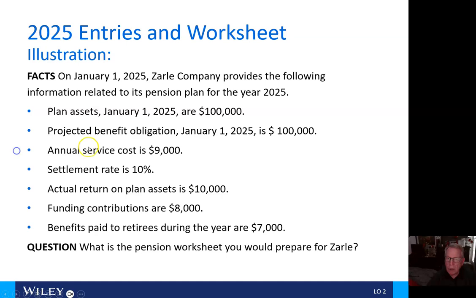Annual service cost, $9,000. Settlement rate, 10%. Annual return on plan assets is $10,000. Funding contributions are $8,000. And finally, benefits paid to retirees during the year are $7,000.